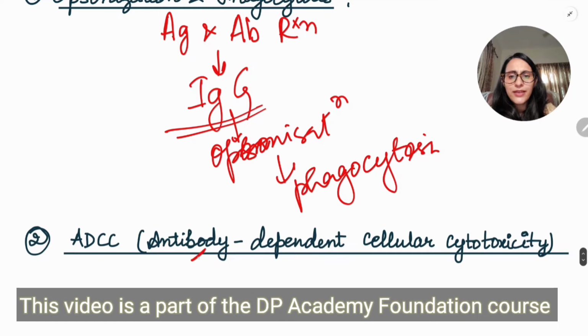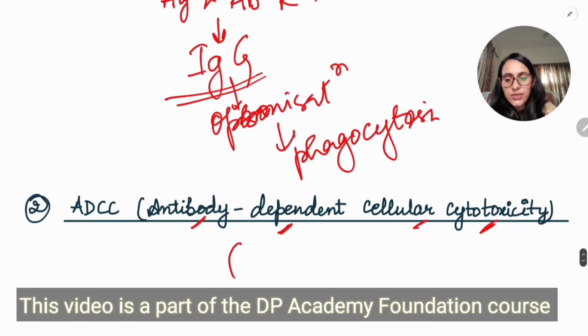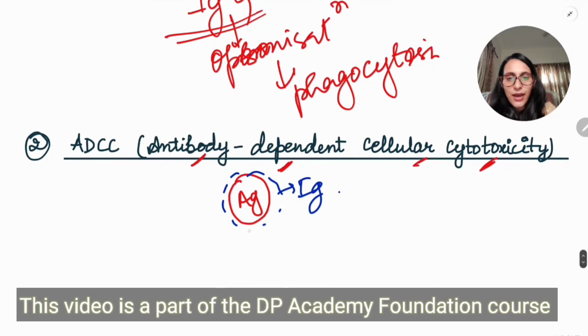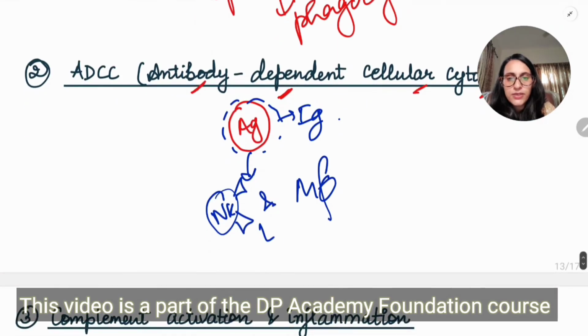Another, the name itself tells, is antibody dependent cellular cytotoxicity. So the antigen is coated with immunoglobulin G. It is then identified by NK cells and macrophages, and then it will result in antibody-dependent cellular cytotoxicity.